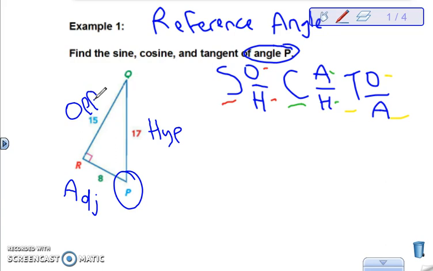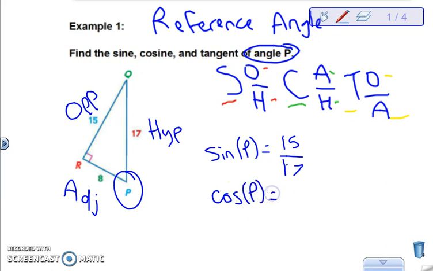And then from here, we're just going to use our little acronym to find the three ratios. So if I want to find the sine of angle P, I need to take the opposite leg and divide by the hypotenuse. So in this particular triangle, it would be 15 over 17. If I want the cosine of angle P, I'm going to take the adjacent leg and divide by the hypotenuse.